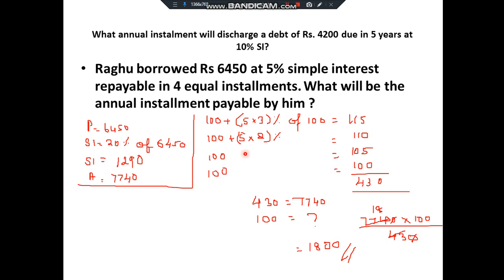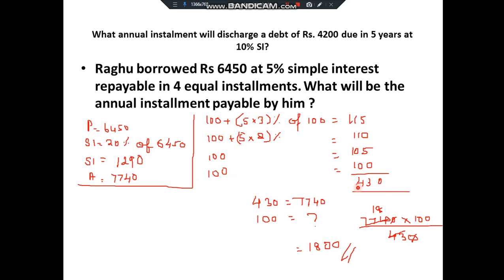So 5 into 1, which is nothing but 5% of 100, it is 5. So 100 plus 5, it is 105. And finally fourth, since there is no more interest, only the principal value 100. So in total your value would be 430. So when you consider your principal to be 100, your amount would be 430.